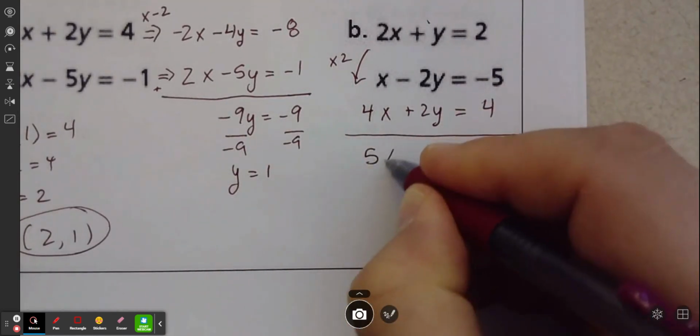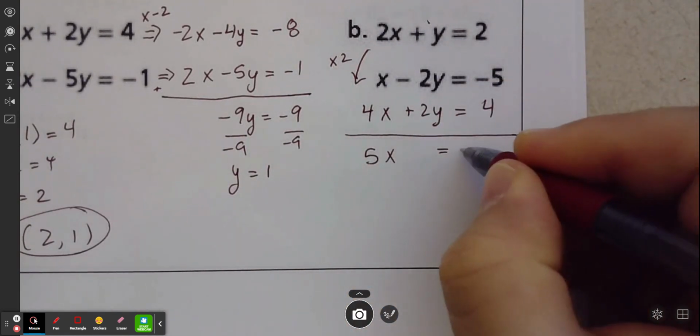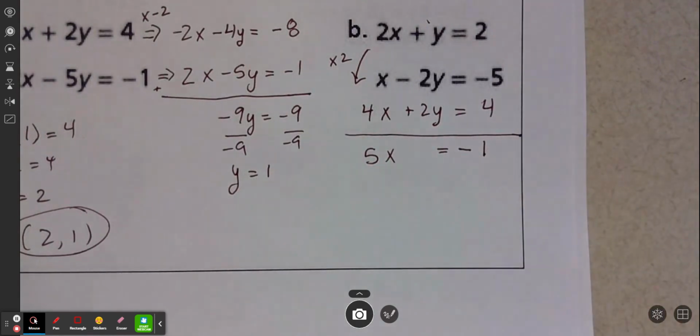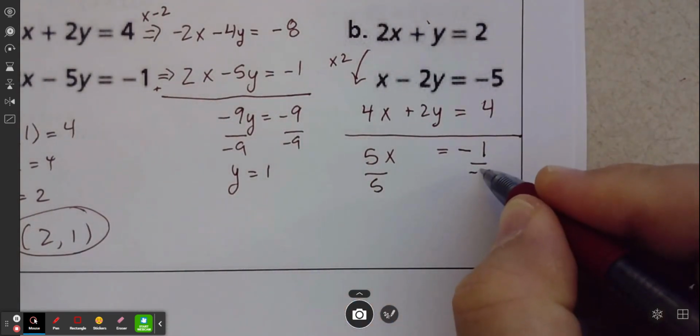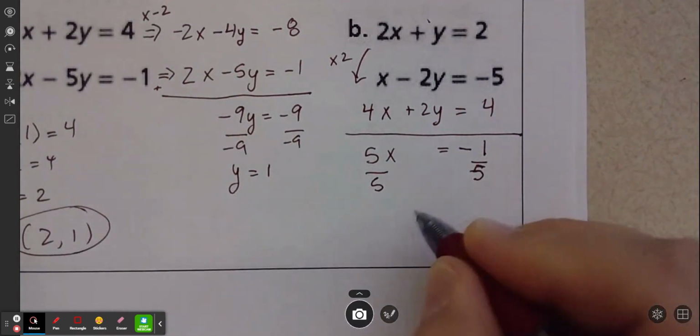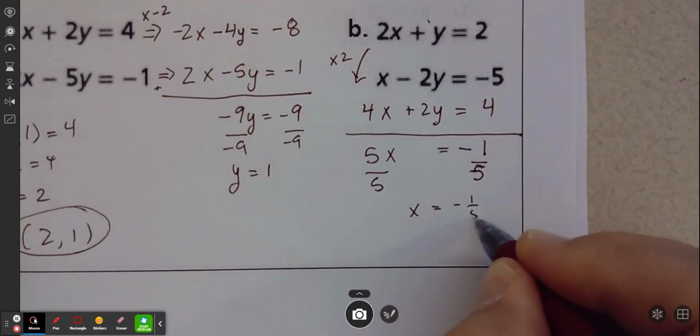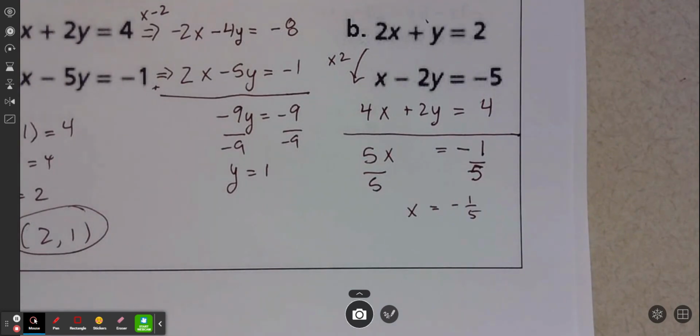I get 5x equals, is that -1? Divide by 5. x equals -1/5. And then I can plug that back into any of these.